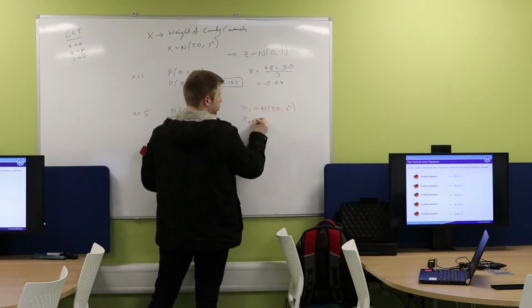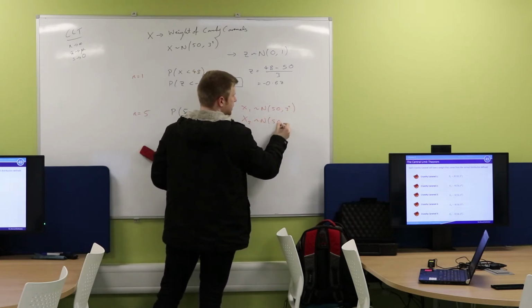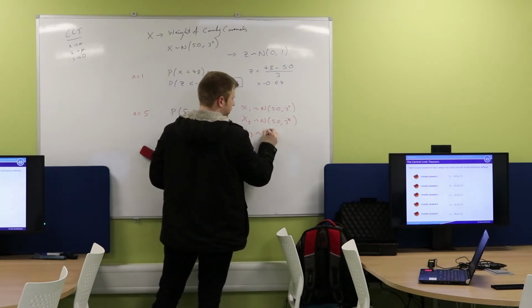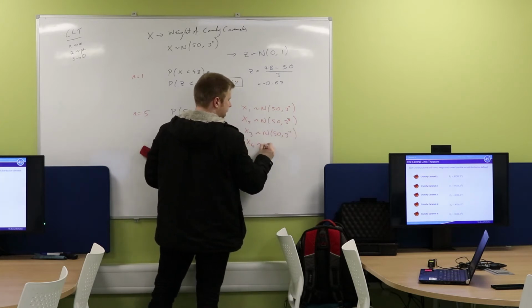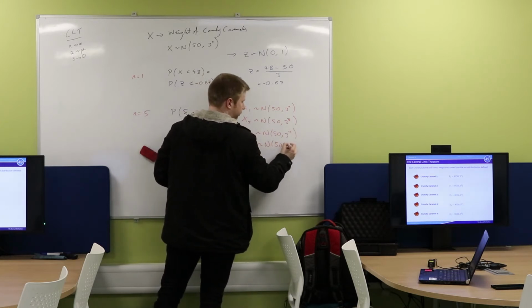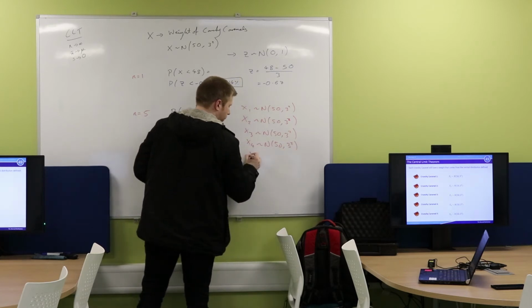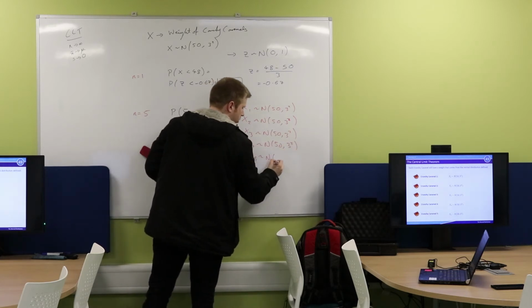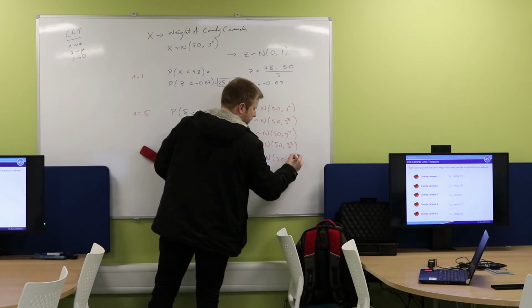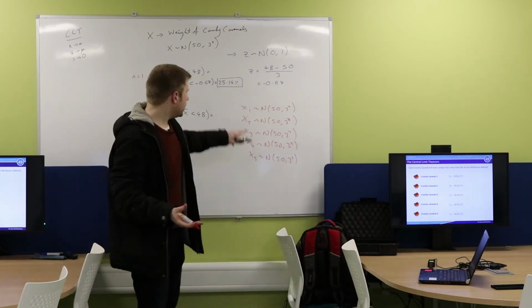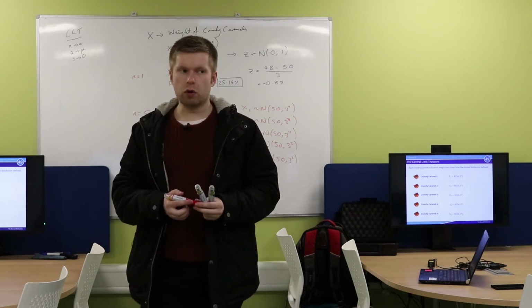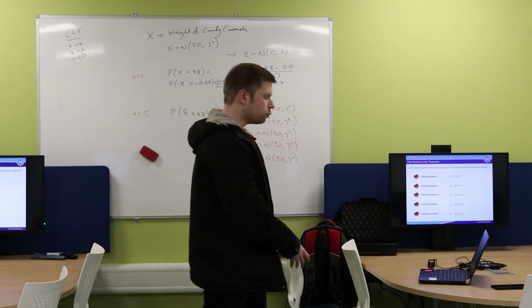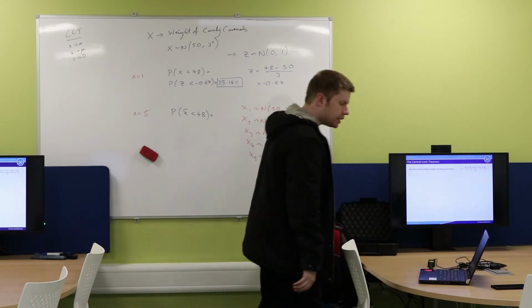My second crunchy caramel will be normally distributed, same idea, and so on. So x3, same idea. x4, same idea. And finally x5, the final crunchy caramel which I pick up, will be distributed using the same distribution. Does that make sense so far? So each one of these represents a different sweet. All good?